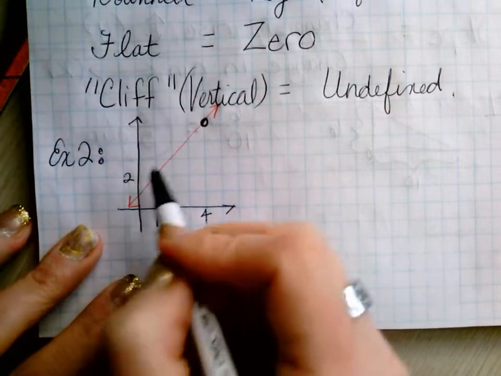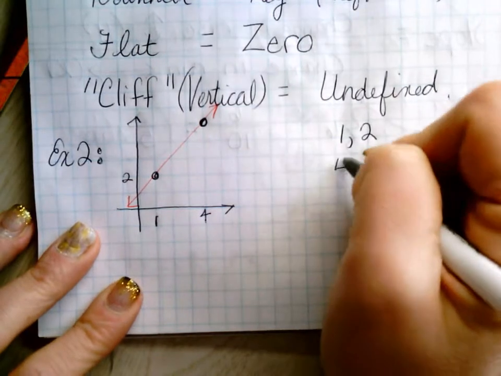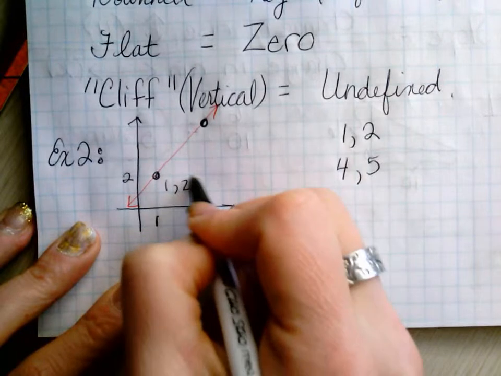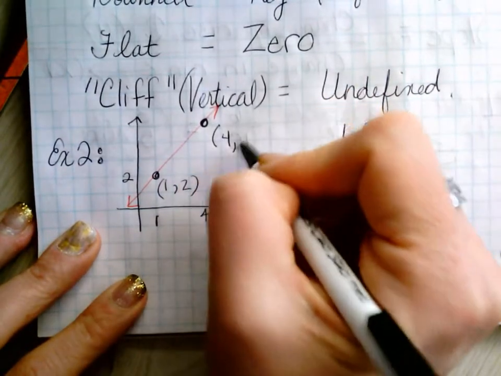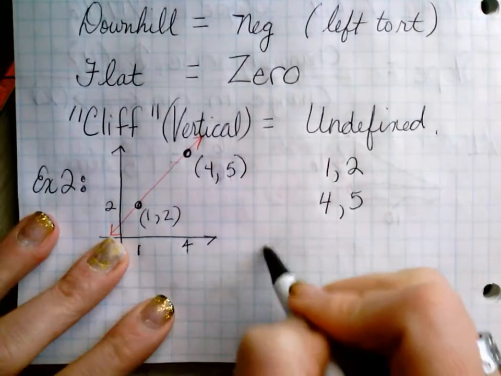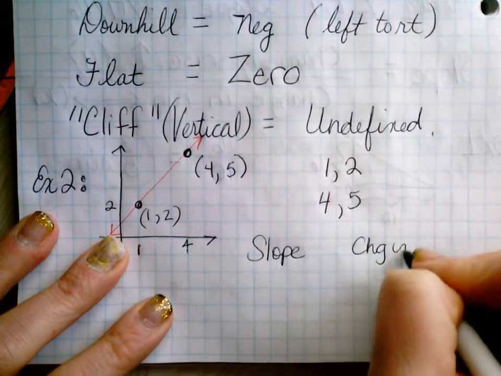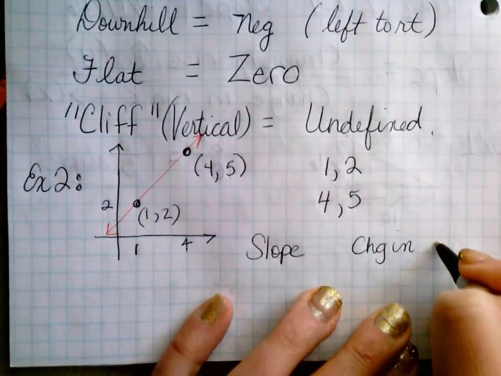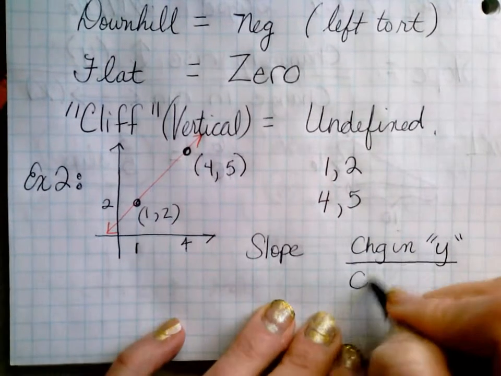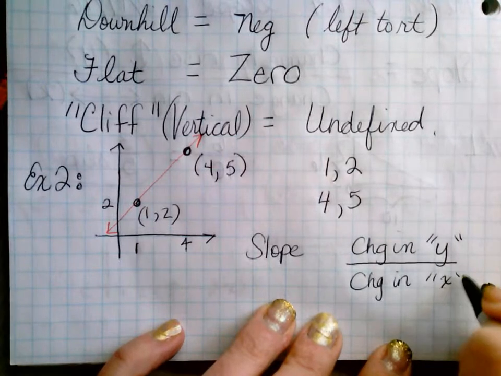The points for the first spot is (1, 2). The second spot is (4, 5). Okay? This is (1, 2). This is (4, 5). To solve for slope, you need to find the change in the rise, which is the y value, over the change in the run, which is the x value.